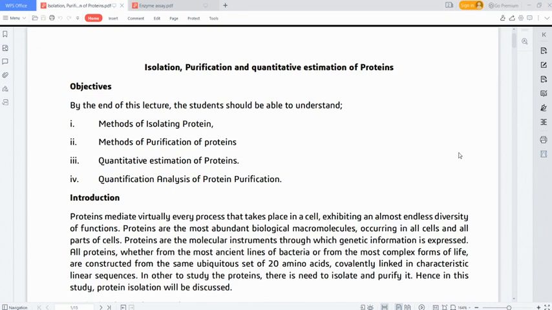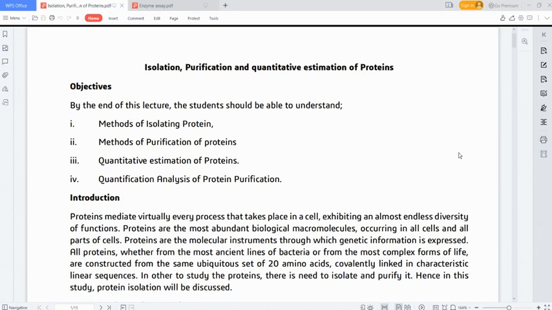Now, these properties are what you're going to be looking out for whenever you want to isolate a protein. You must know the characteristics that particular protein has, that will enable it to come out of solution while other types of proteins remain.